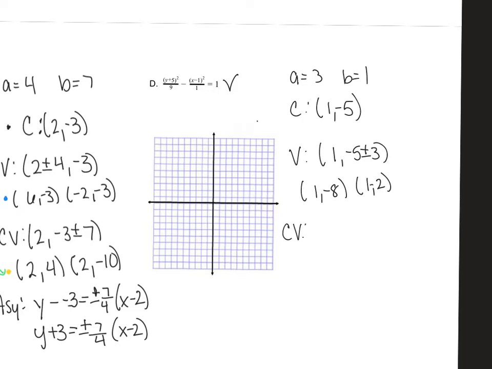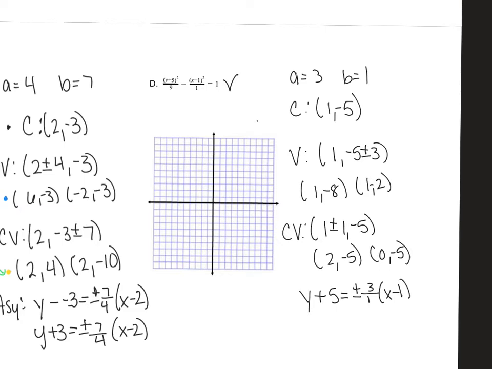My co-vertices are going to be h plus or minus b, comma k. So that's 1 plus 1, which is 2, negative 5, and 1 minus 1, which is 0, negative 5. And my asymptote formula is y minus k equals plus or minus a over b times x minus h.